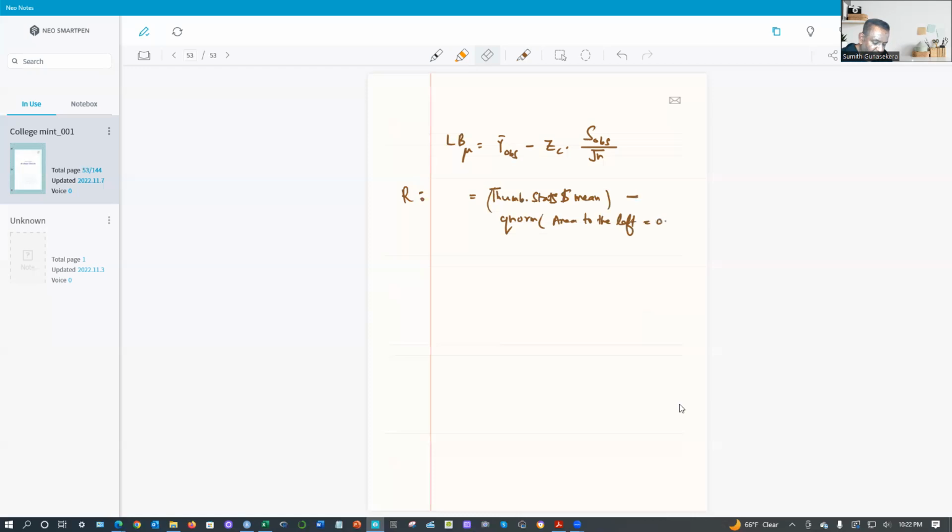Can you remember 0.025 area to the left, times the standard deviation from thumbstat, divided by the square root of n, which is 10.